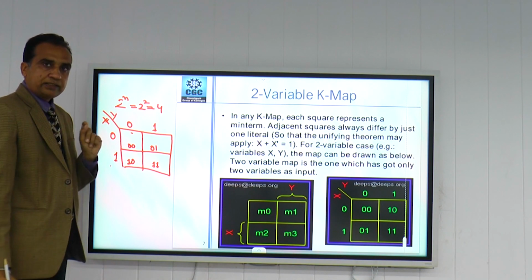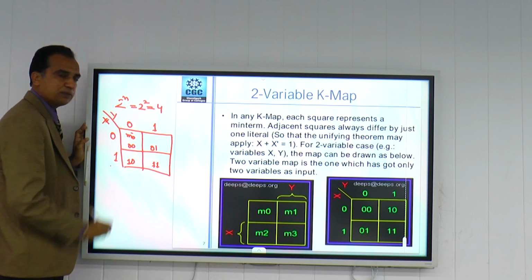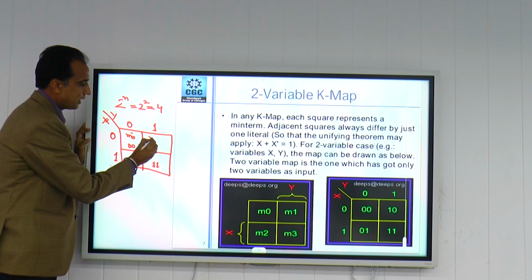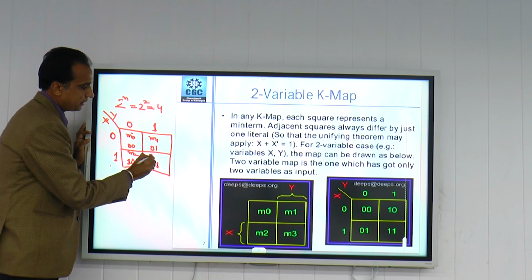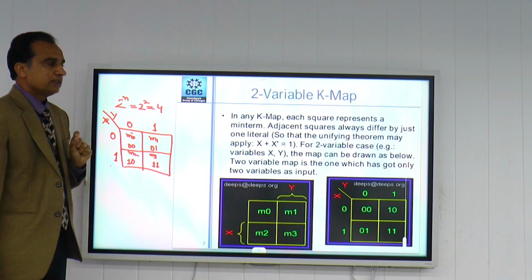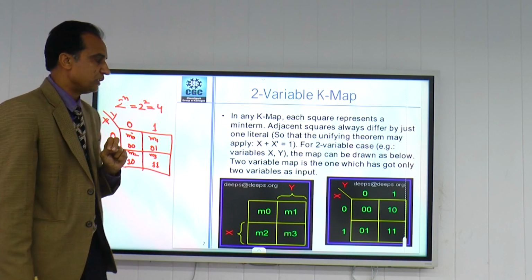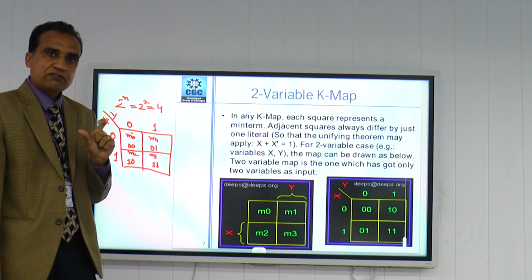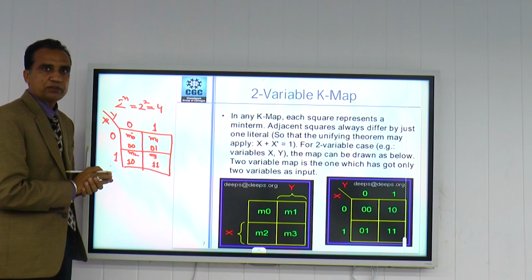If we write in terms of min terms, this is our M0 first min term, this is M1, M2 and M3. This is how we represent a K-map for two variable equations. An equation which has two variables can be implemented by using this type of K-map.